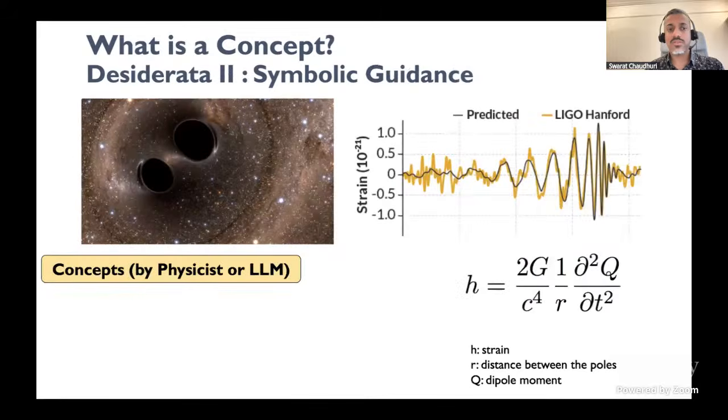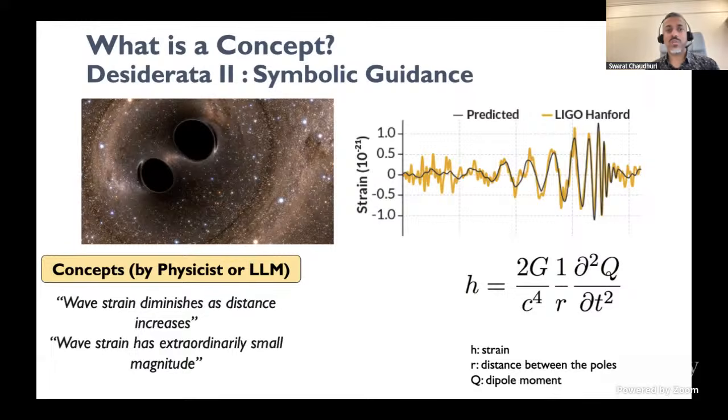The other thing we want to do is use background knowledge that was created by a physicist or that's there inside an LLM. So for example, here you have a concept that has been produced by an LLM, which is that wave strain diminishes as distance increases. This is, let's say, a property of black holes. And this is a piece of common sense knowledge that you want to be able to associate to equations.